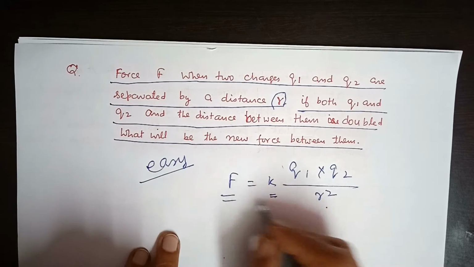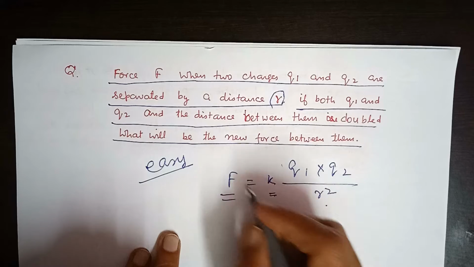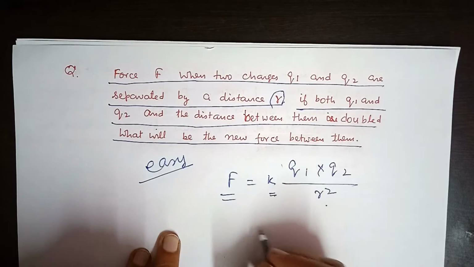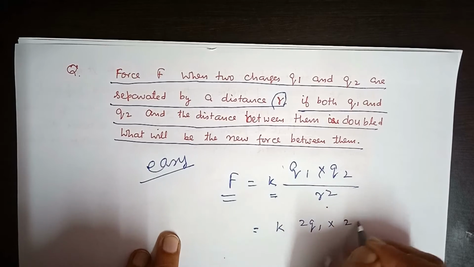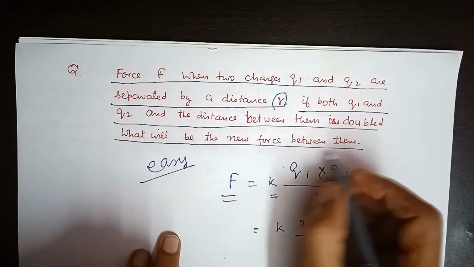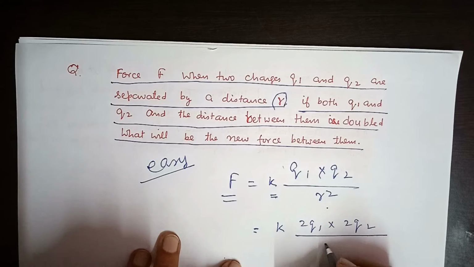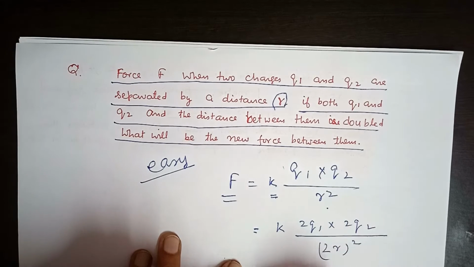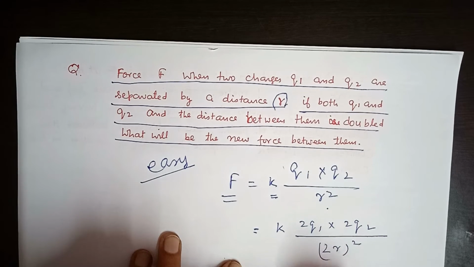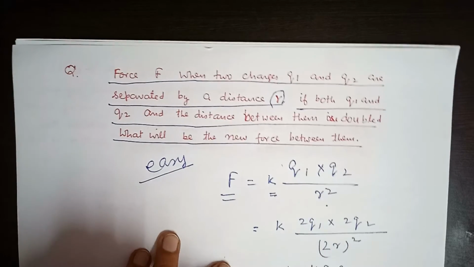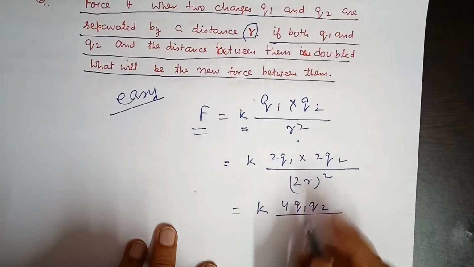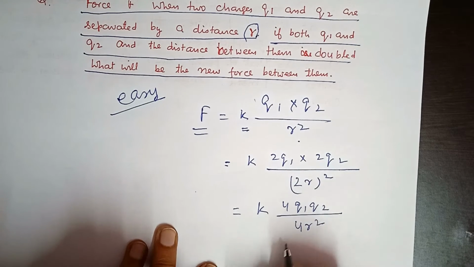Now he says that Q1 and Q2 are doubled. Then K 2Q1 into 2Q2, and the distance between them is also doubled. Then it is equal to K 4 Q1 Q2 divided by 4 R square.